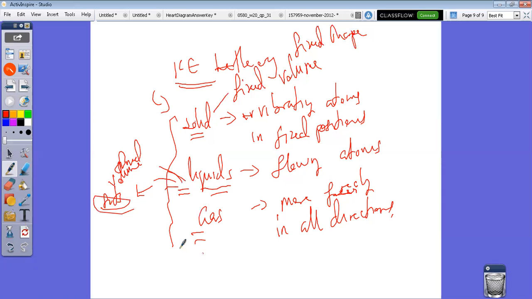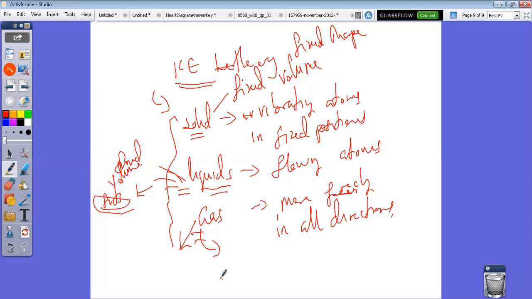Liquids and gases: shape and volume. What's your comment, Reese? You have been quiet. For gas, what can you say about the shape and the volume? It has no fixed shape or fixed volume at all. Okay, no fixed volume, no fixed shape at all.